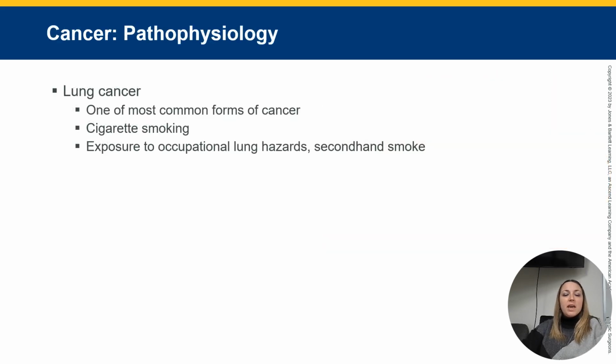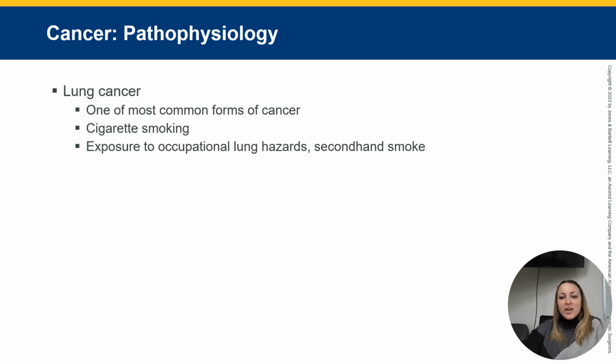Moving on to cancer, another pathology that we see. Lung cancer is one of the most common forms of cancer. Usually it's most commonly caused by cigarette smoking, but there also are occupational hazards. There's asbestos that people were exposed to, people that worked in mines, people that did certain jobs, anybody that worked with baby powder.